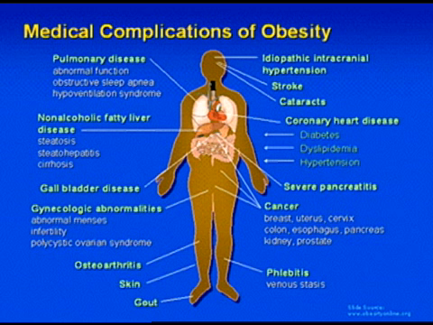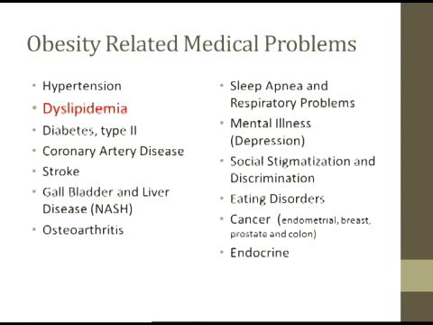Osteoarthritis, not necessarily, but pains in the knees and the joints, also commonly encountered, and of course the coronary heart disease, including dyslipidemia, diabetes, and high blood pressure. So yes, there is a long list of obesity-related medical problems.